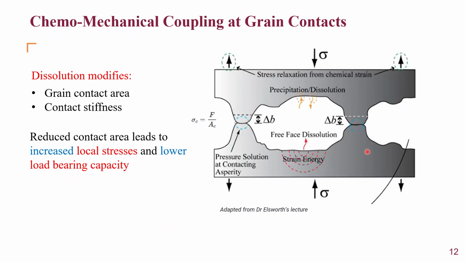It's not very pronounced, and CO2 projects that have been piloted and scaled up have not really had issues of subsidence, but it's a very interesting concept that happens at the grain or micro scale.